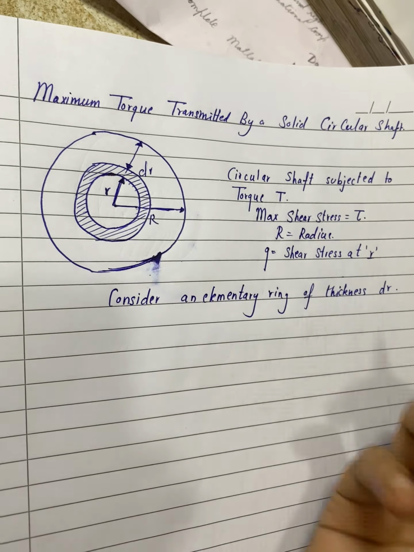So the dA, that is the area of this ring, will basically be the circumference into the thickness. The circumference for a circle is 2 pi r and the thickness is dr. So we get this, right?